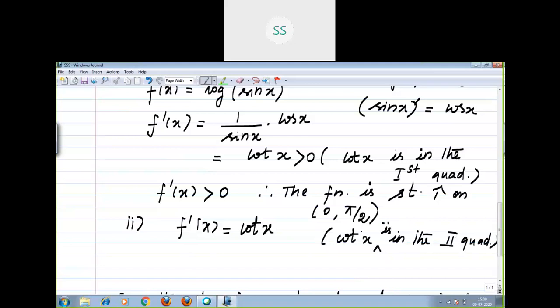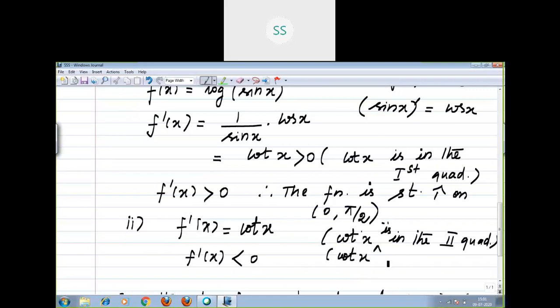In the second quadrant, sine and cosecant alone are positive. So what can you arrive at? f dash of x less than 0.